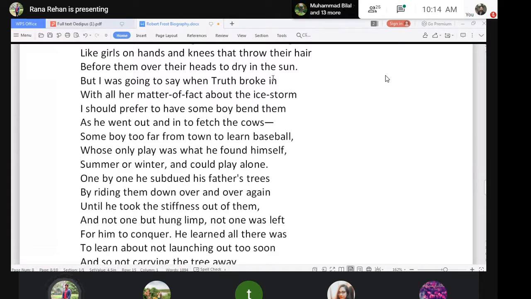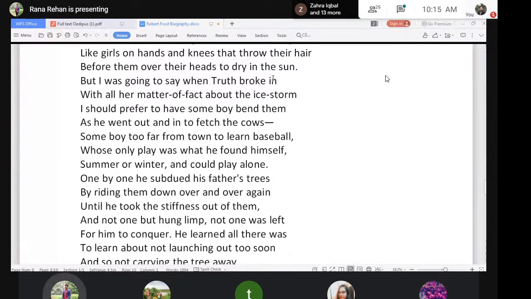One by one, he subdued his father's trees by riding them down over and over again until he took the stiffness out of them. Again, excellent line. It means that one by one, because he is now talking about his real childhood. When he says, I was going to say when truth broke in with all her matter of fact about the ice storm, it was not the ice storm exactly, it was that child.